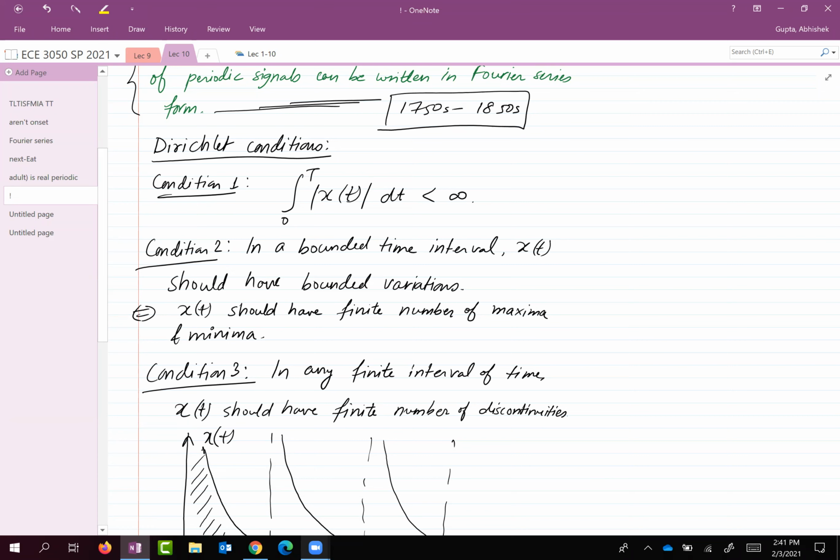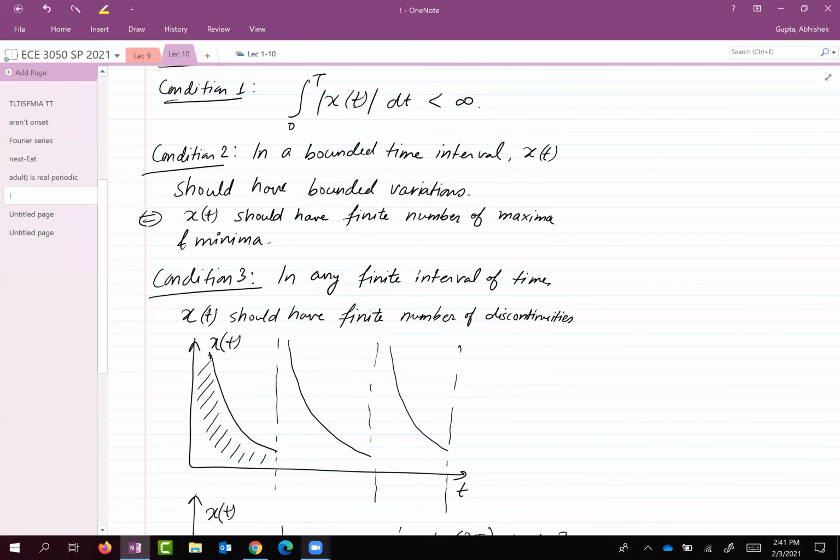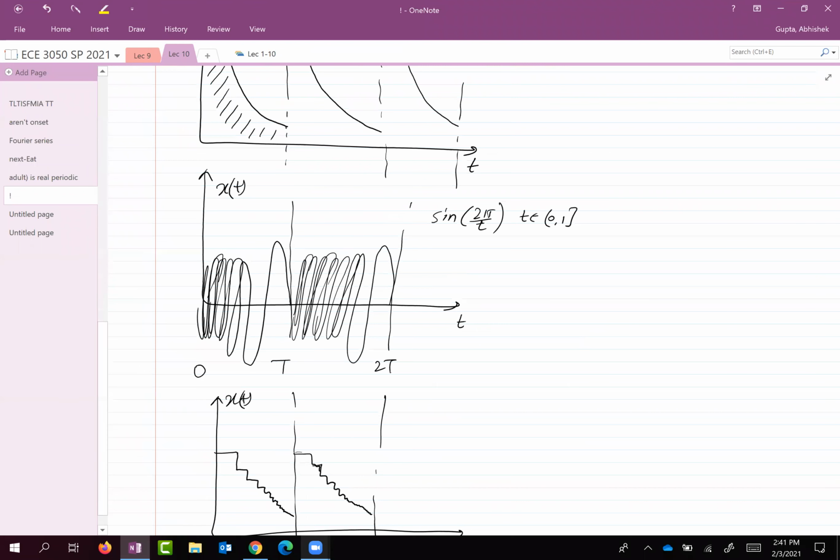Any question? My question is for the second graph you drew with the sine function, that breaks condition 2? It breaks condition 2, yeah. Okay, that's what I wanted to know. Thank you.